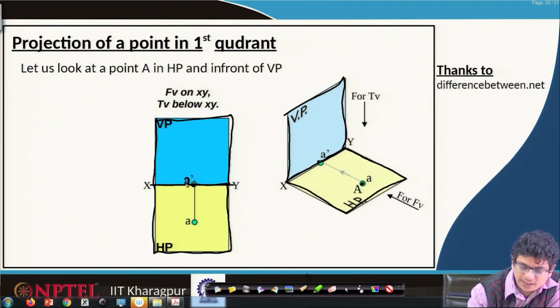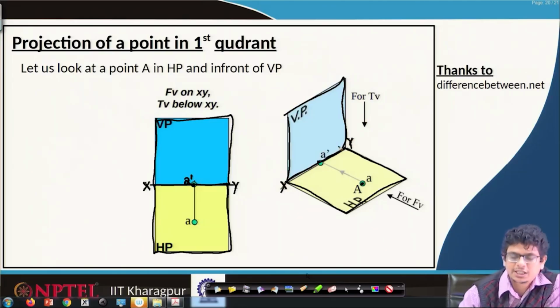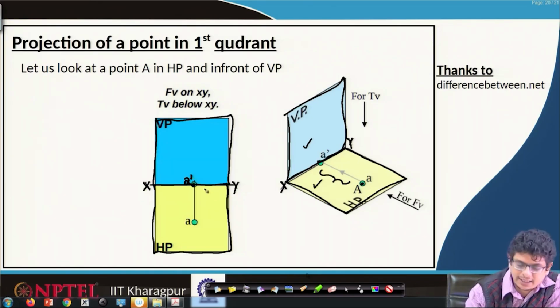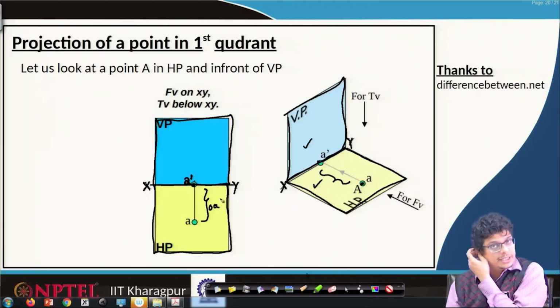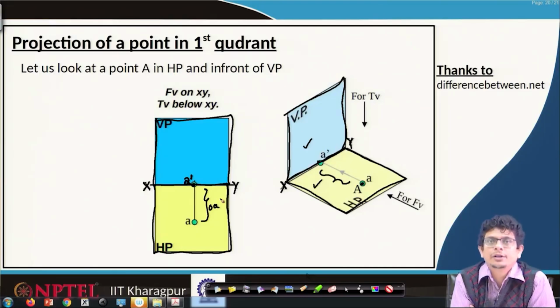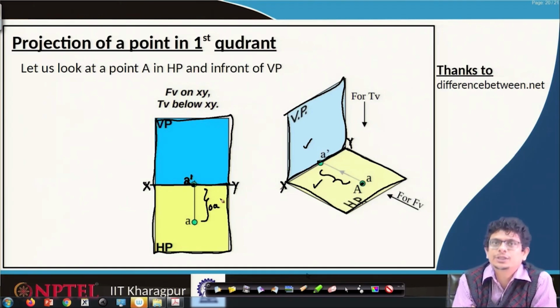So, A prime itself is the origin on this xy plane. Xy is the axis which is intersecting both vertical and horizontal planes. So, on that xy we will have A dash precisely mapped at origin, and A there is a distance, that is OA. If a point is on the horizontal plane, you will find this true length on the horizontal plane, and the projection always gives you 0.